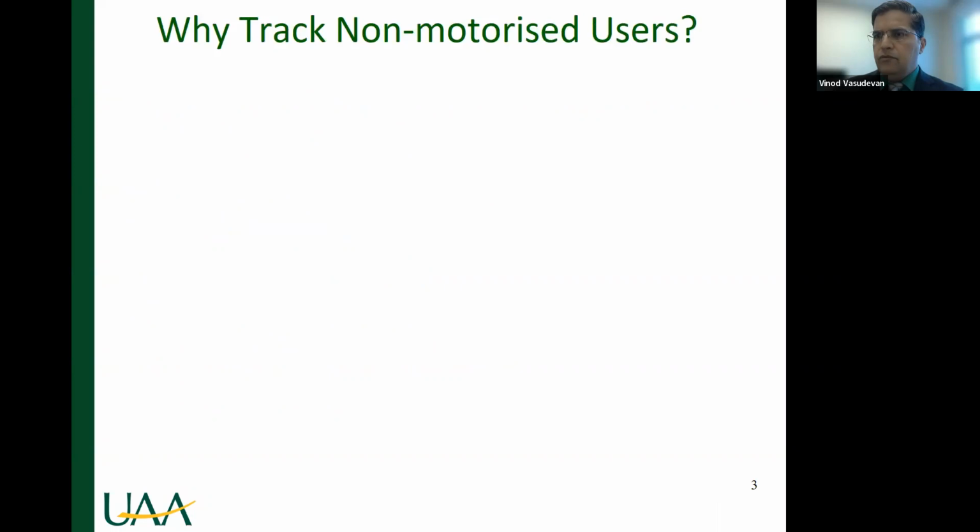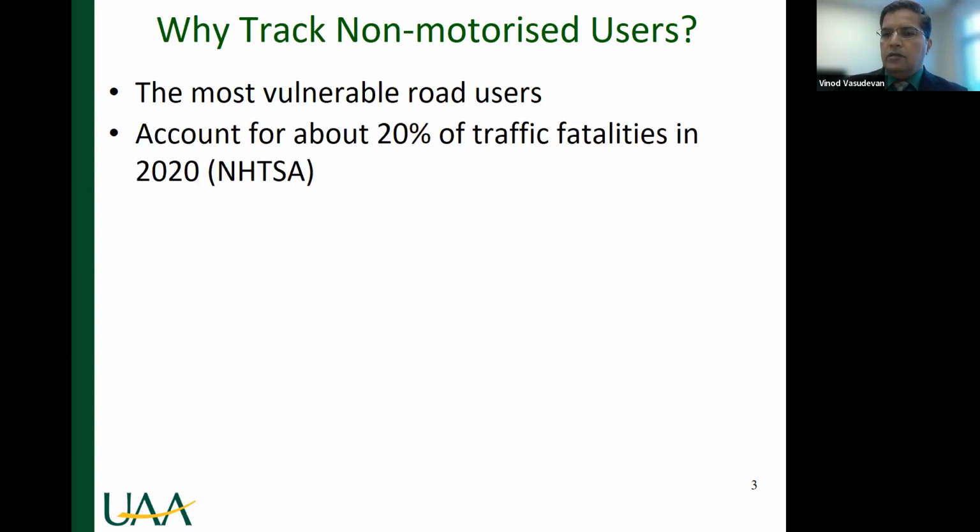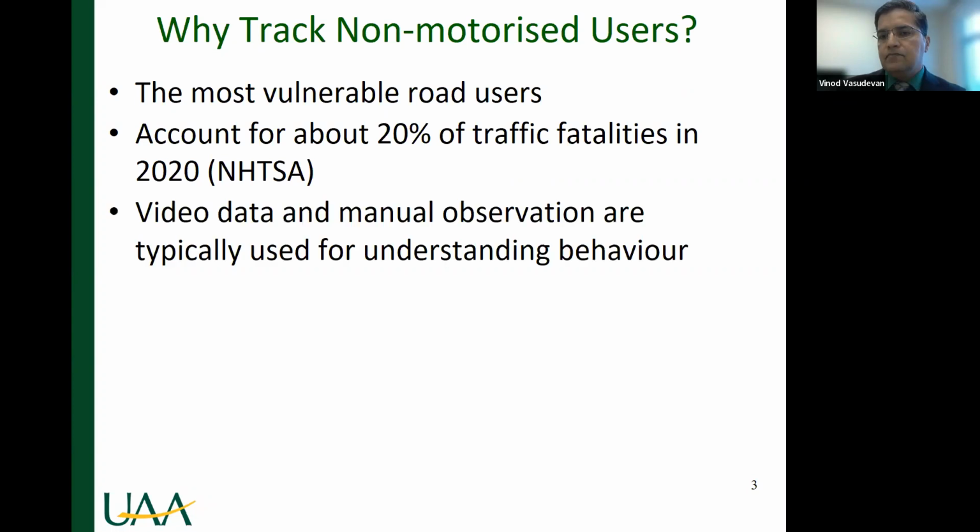So first question, why do we track non-motorized users? Of course, they are the most vulnerable road users, and if you follow traffic safety, we all understand that since they don't have any protection, they are among the most vulnerable. Recent statistics show that non-motorized users, mainly bicyclists and pedestrians, account for about 20% of traffic fatalities in the US.